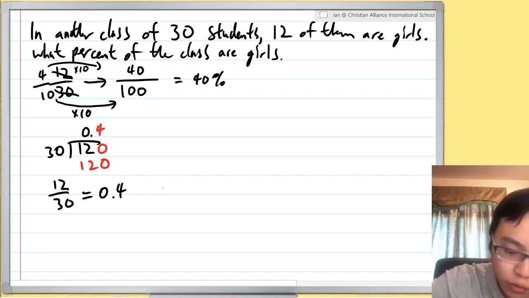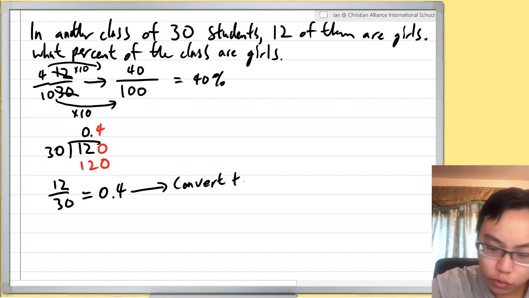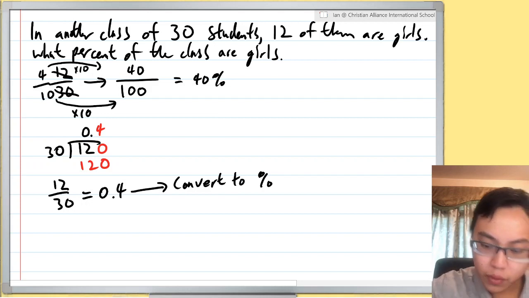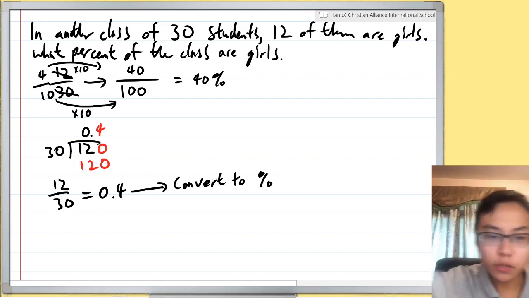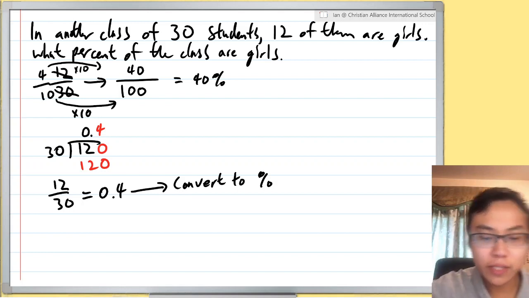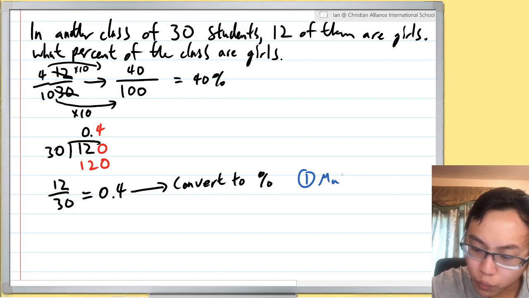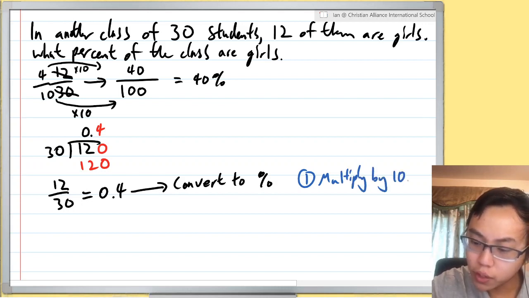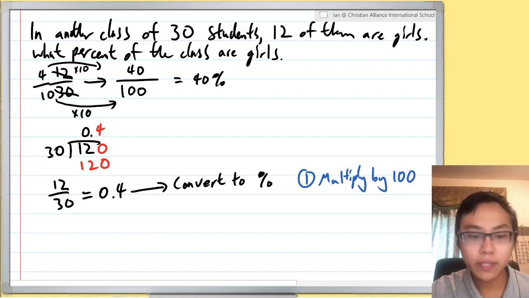And we can convert a decimal into a percent by multiplying it by 100. So 0.4, if we want to convert it to a percent, what we have to do is multiply it by 100. So the steps for turning a decimal into a percent: step 1 is multiply by 100, and all that means is you move the decimal 2 places to the right.